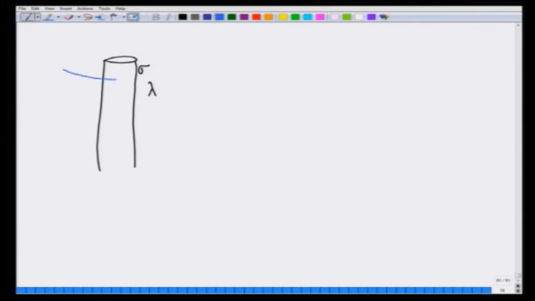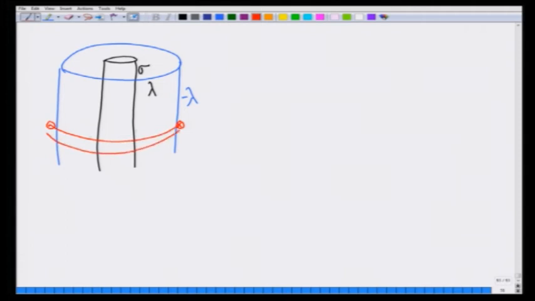This is surrounded by another solenoid which is also carrying charge lambda with a minus sign, minus lambda, and also carries a surface current, say going in on the right side and coming out on the left side. So, surface current like this. It is only the outer one that carries the surface current. Let the radius of the inner cylindrical shell be A, let the radius of the outer one be B.